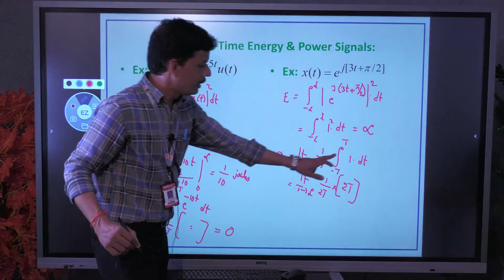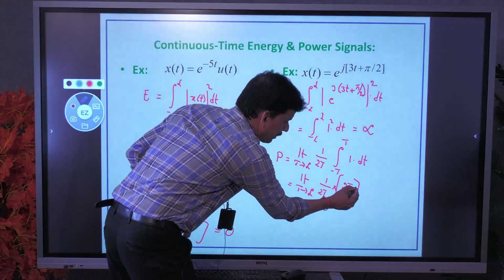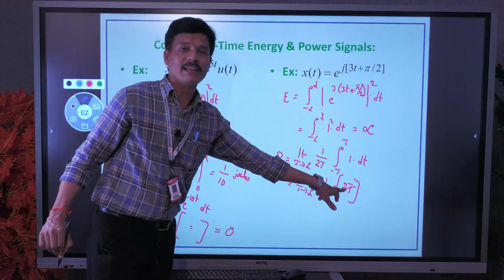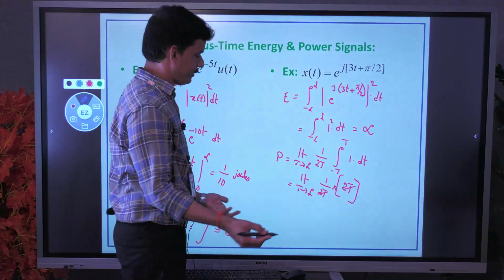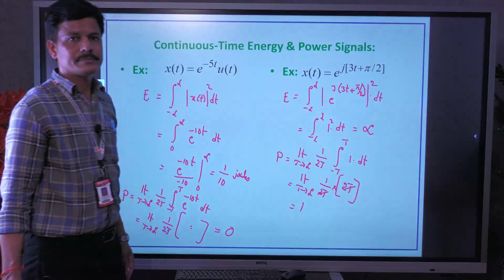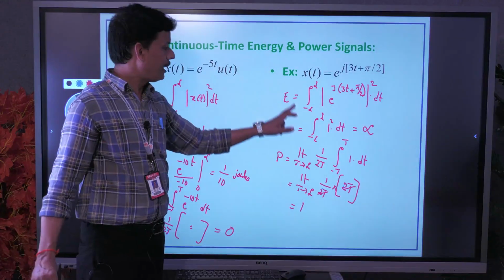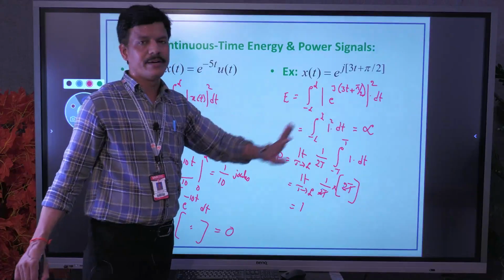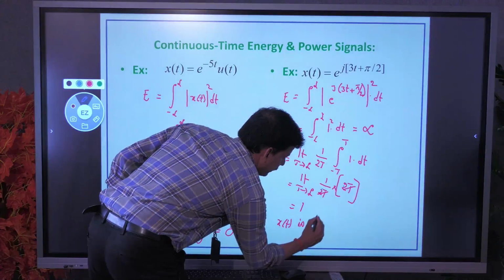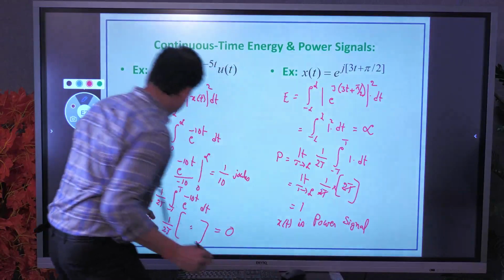Similar to the previous problem, the answer obtained from this integration is now possible to cancel with the t here, so we will have a finite answer. So directly you can take P equal to 1. So here the average power is finite and the total energy is infinity. So here the given x of t is a power signal.